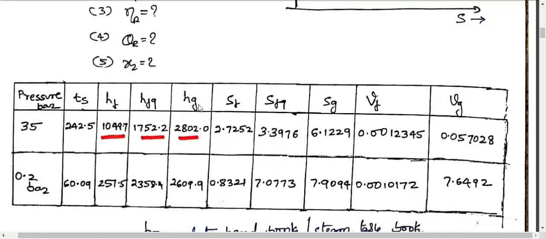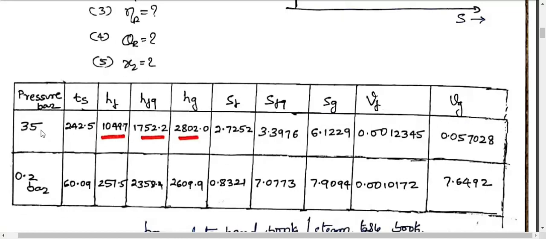Enthalpy of gas is purely steam. Then sf, entropy of fluid, and sg, entropy of gas, and vf stands for specific volume of fluid, that is water, and vg specific volume of gas.